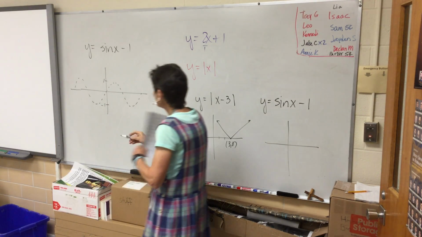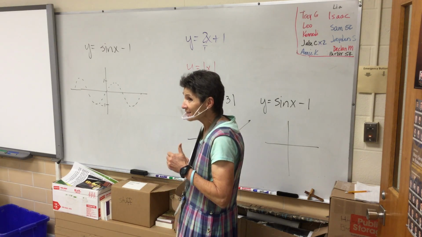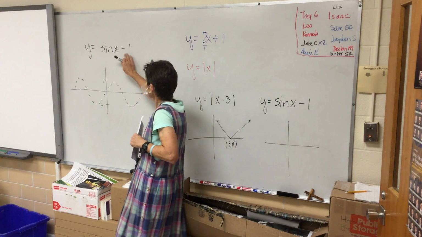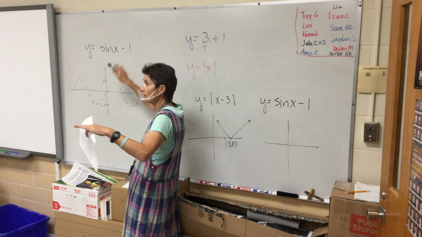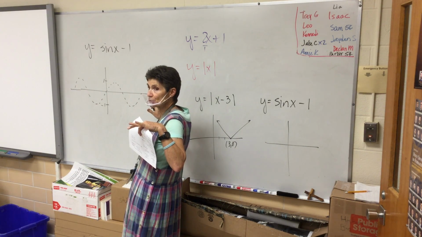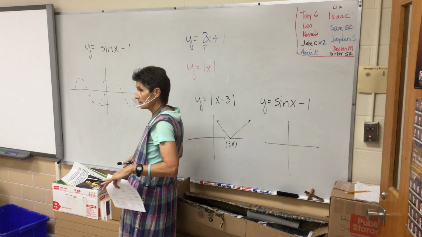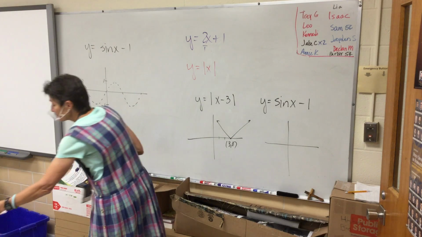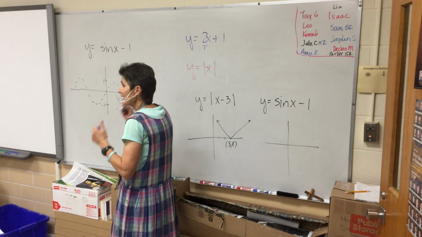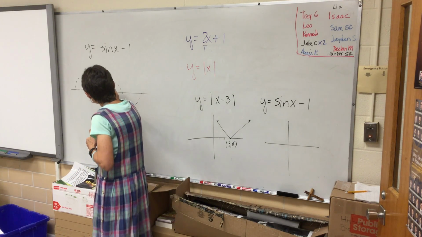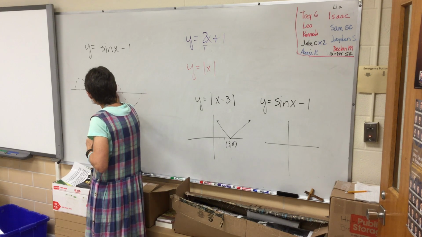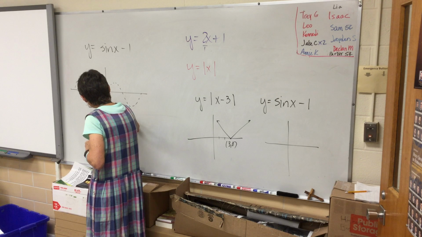So now we're going to take that thing right there, and what are we going to do with it? What does this -1 on the end tell you to do? Down. So you're going to take this picture and move everything down 1. So you can do it point by point. I don't care how you do it. So this is 0, so it's coming down here.